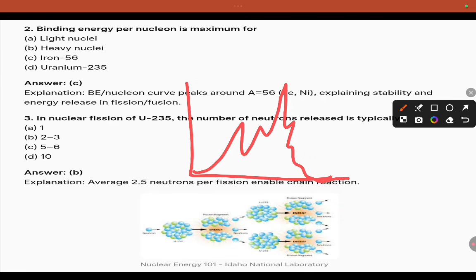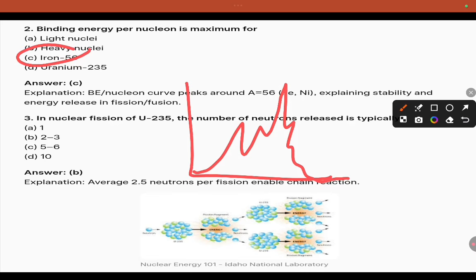Binding energy per nucleon is maximum for iron, that is about 56. So the binding energy per nucleon peak is maximum for iron. Okay, clear? That indicates that it is a stable one.